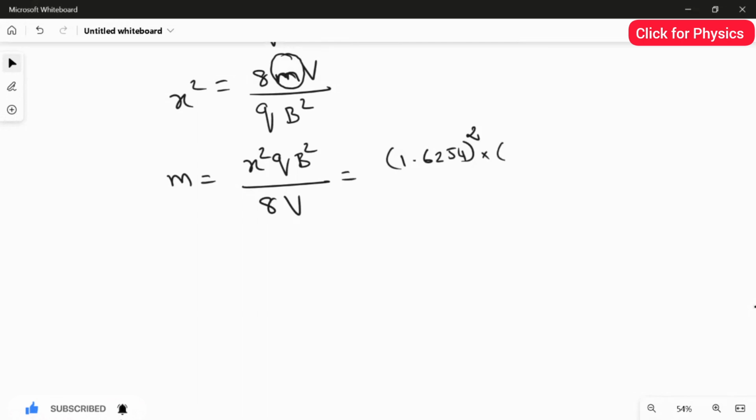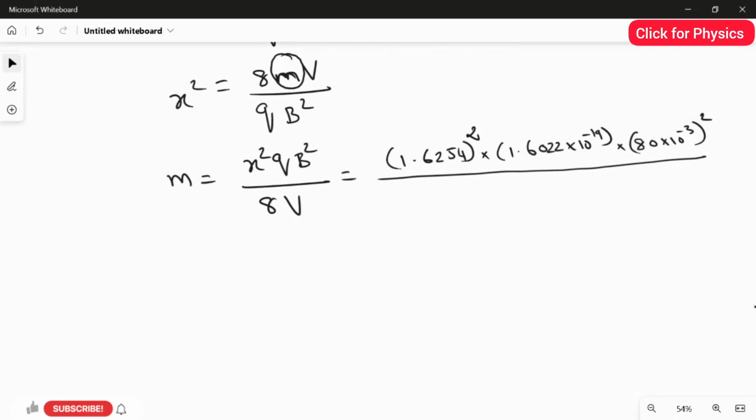What is the value of the charge? 1.6022 multiplied by 10 power minus 19, and the magnetic field is given as 80 millitesla. So 80 multiplied by 10 power minus 3, the whole squared, divided by 8 multiplied by the potential you applied, 1000 volts, right? Which is also given in the question.